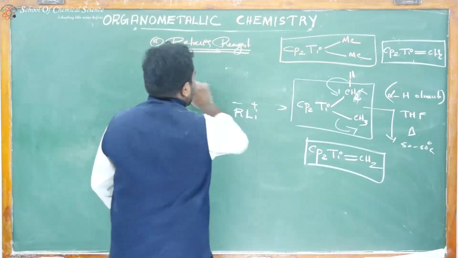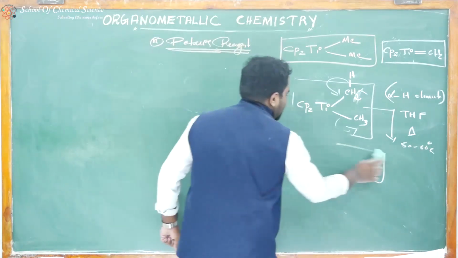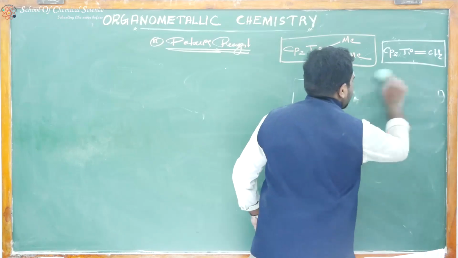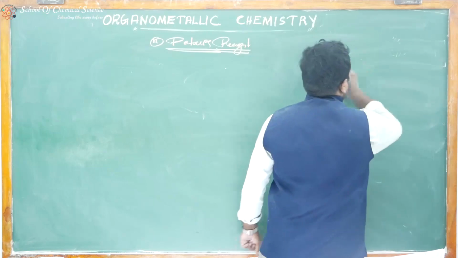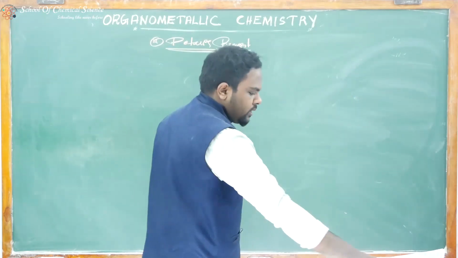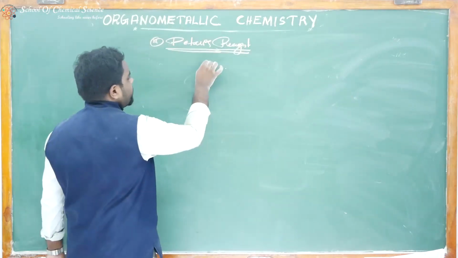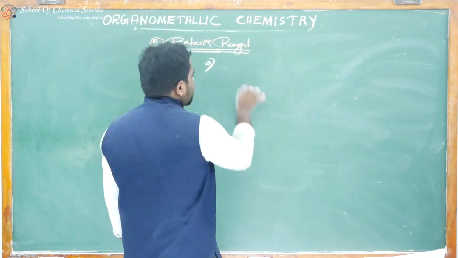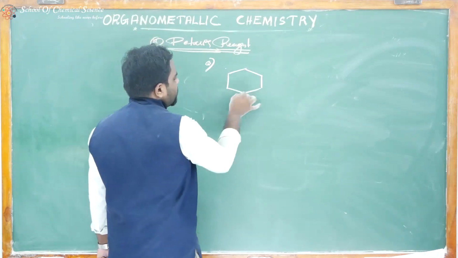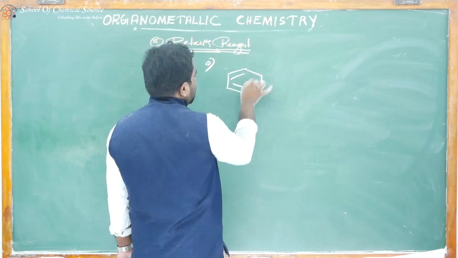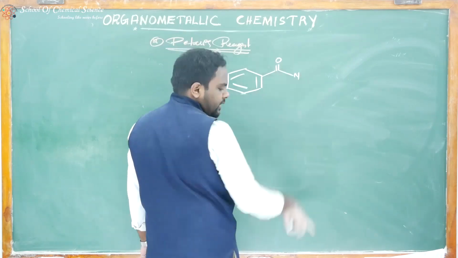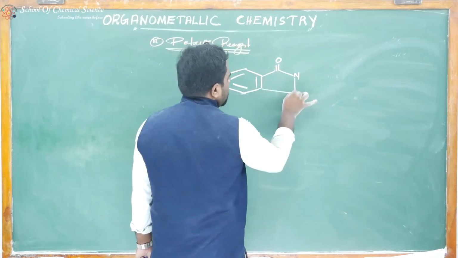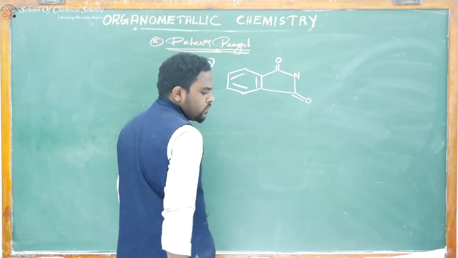Then write a question, a standard worked out example related to the Petasis reagent. A six-membered ring with C=O, nitrogen, C=O.